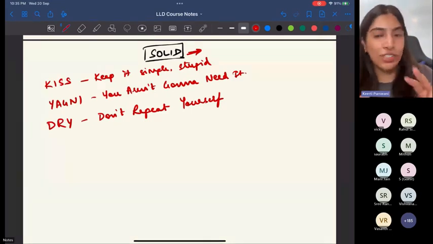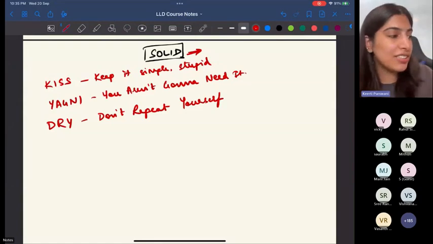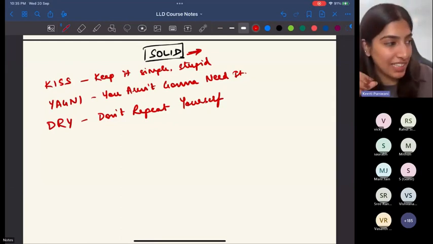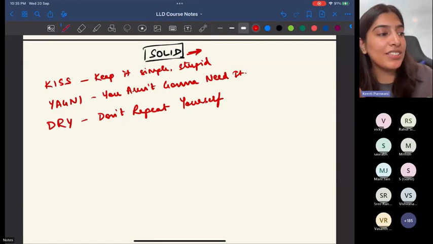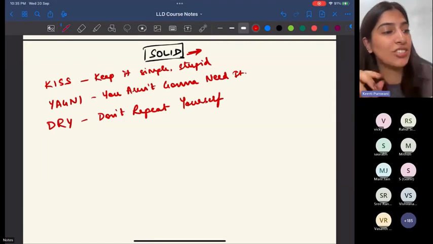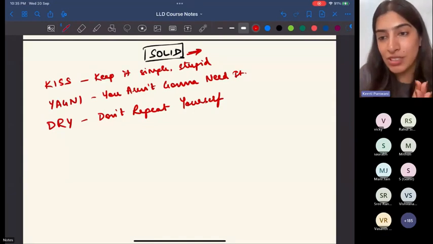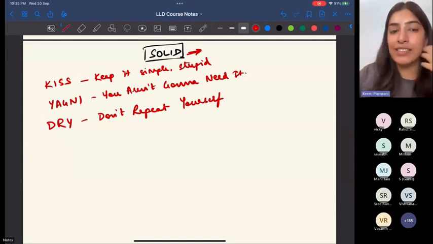The actual line used is that every piece of knowledge has a simple, unambiguous, authoritative representation. So when there's an authoritative representation, it should be there only once in the code. It should not be repeated anywhere, in very simple terms. Does it make sense, guys?